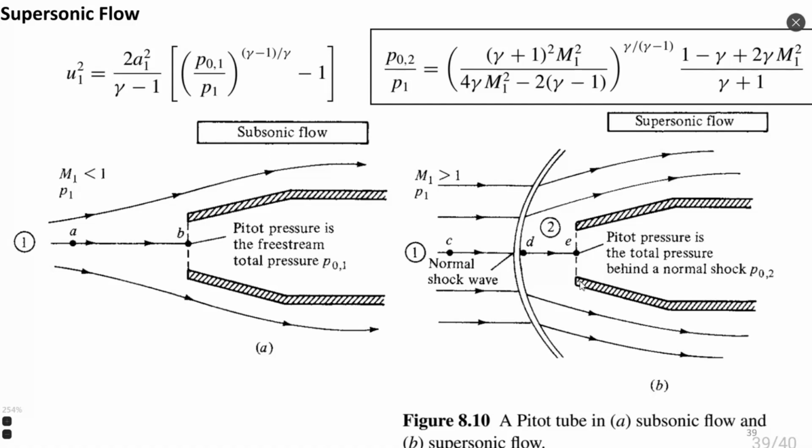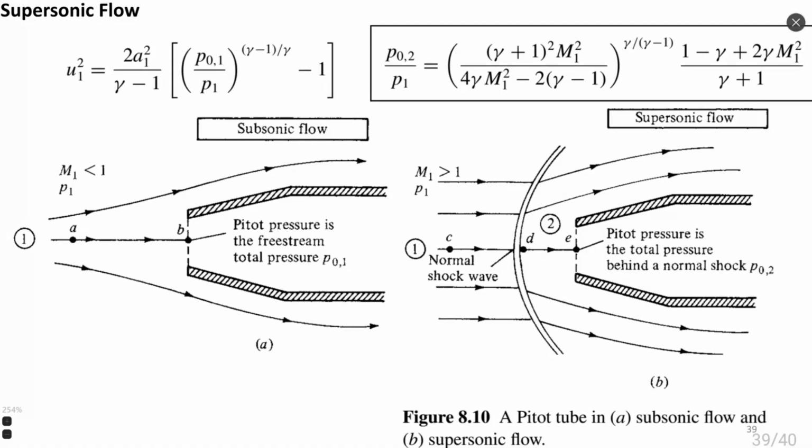A pitot tube is a tool which is normally used to measure flow velocity. It can be used for subsonic flow and also for supersonic flow. Nowadays, it's used everywhere in modern aviation. You can find in any commercial airplane not one, but several pitot tubes in several points.